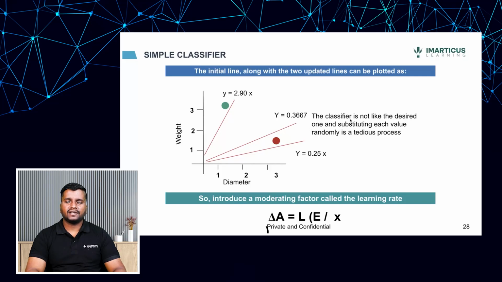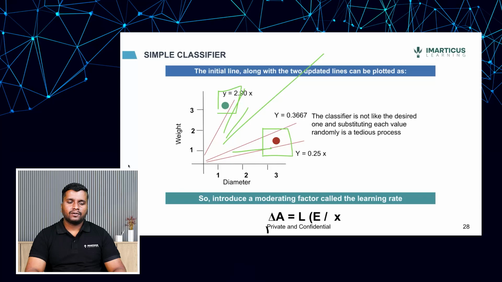The classifier is not the desired one, and substituting each value randomly is a tedious process. We can see that the line keeps on jumping from here to here, and it will keep on jumping like this. So we need a constant separation so as to give correct separation between these two categories, that is red and green categories.